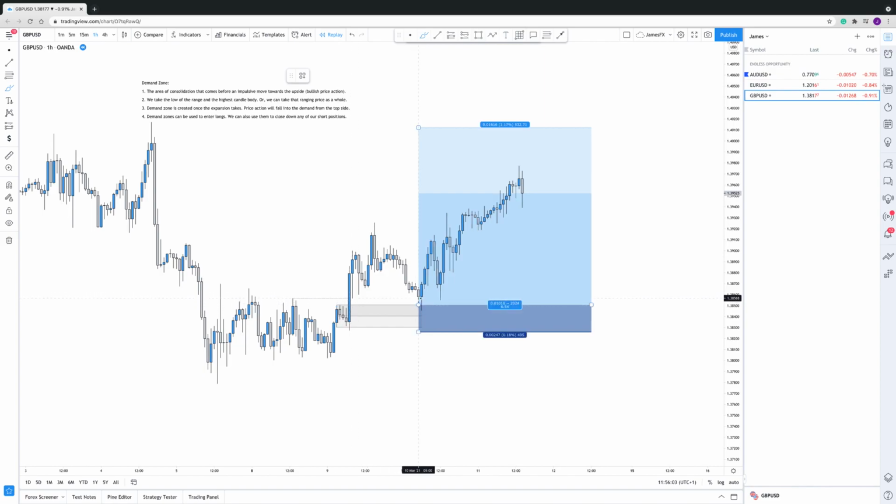So we can set our entry at the top. Now you can see here we had a wick back down, but we wouldn't have been tapped into the market because price then pushed up, made a new higher high. Now this wick down was just to try and rebalance any imbalance that was left here, but we also left imbalance here.